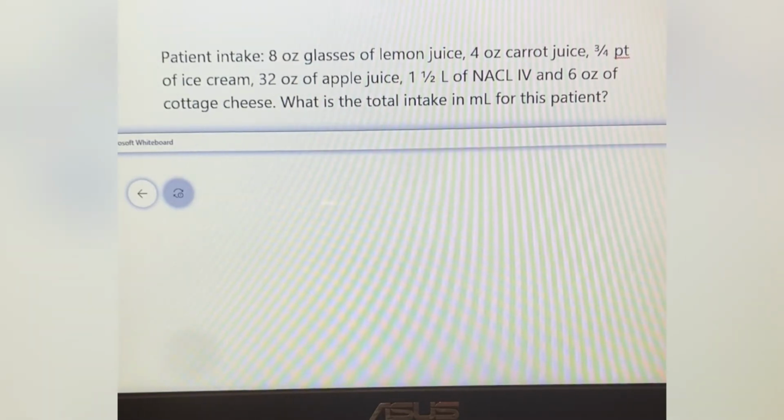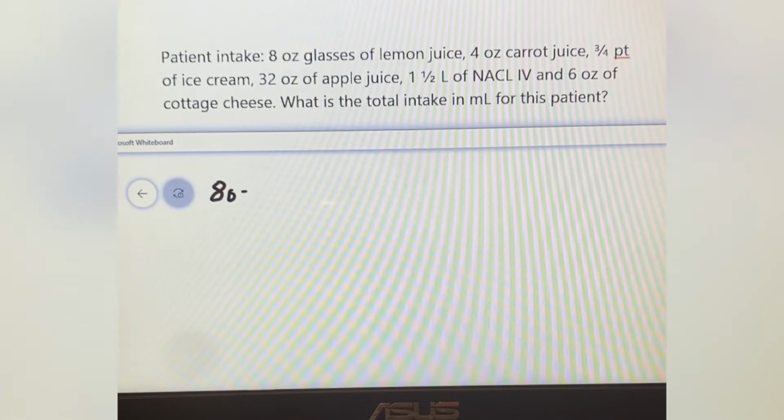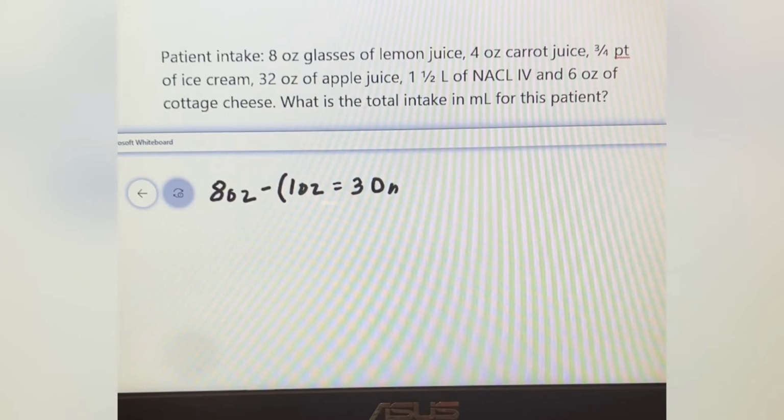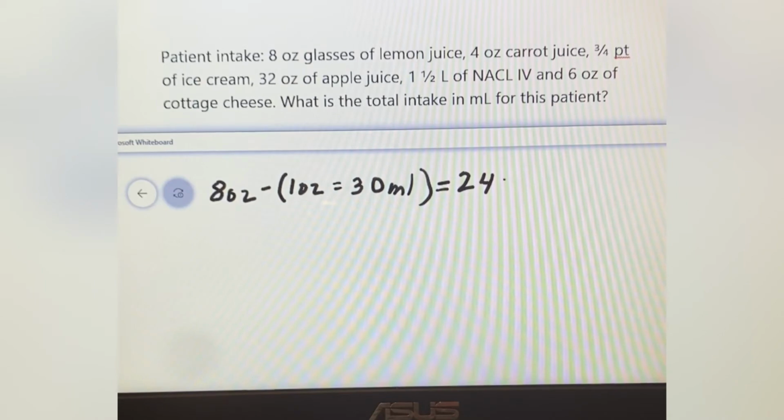Patient intake: 8 ounces of glasses. Remember, 1 ounce is equal to 30 ml. 8 times 30 ml is equal to 240.